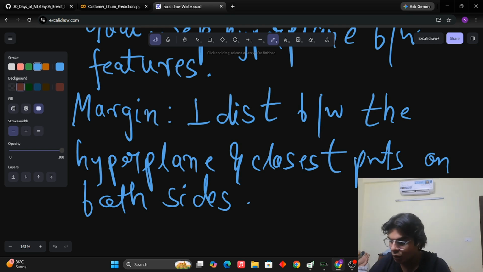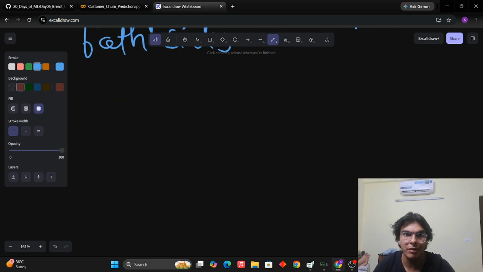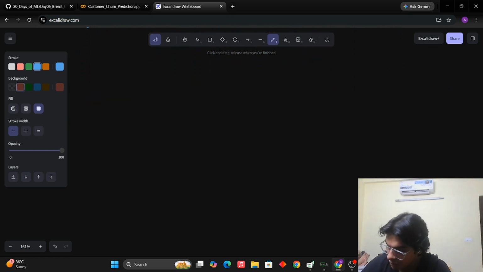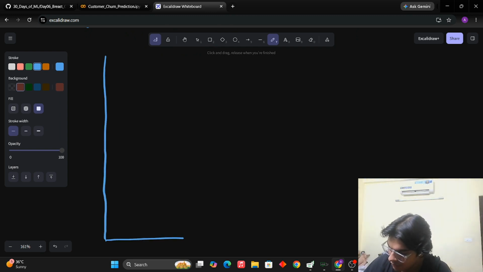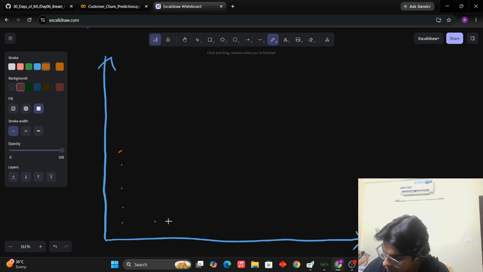So back to the diagram. Let me first draw it again because it will be used again and again. We need a larger diagram to make things clearer. This was our diagram, right? And we have a few points here which are of the benign variety, the benign cancer data points.